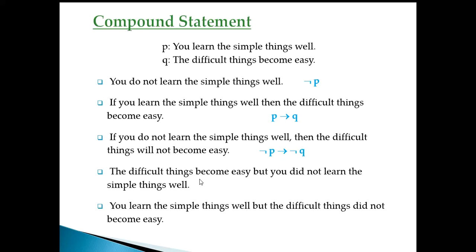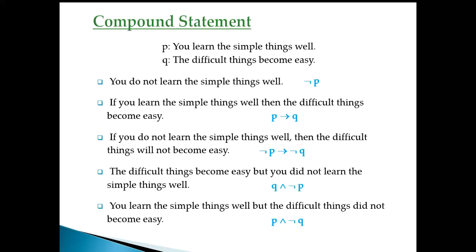Next, the difficult things become easy, but you didn't learn the simple things well. Difficult things become easy is Q, and you did not learn the simple things well means negation of P. So it is Q and negation of P. Next, you learned the simple things well, but the difficult things did not become easy. This is P and negation of Q. Clear?